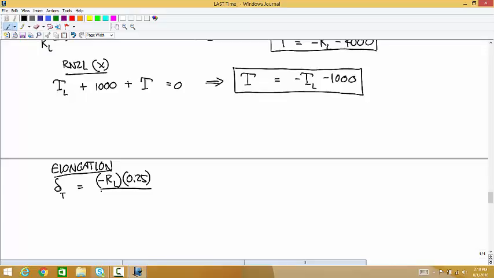It's not going to cancel out this time. So that's 100 times 10 to the 9, times the area, which is 0.000314.